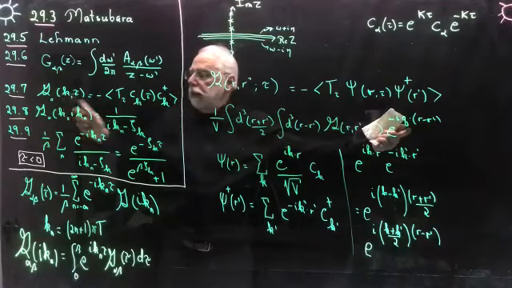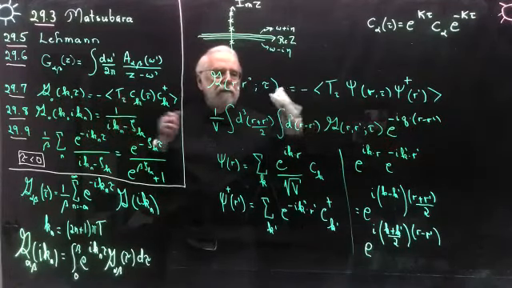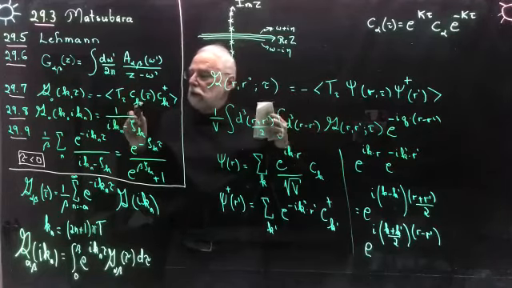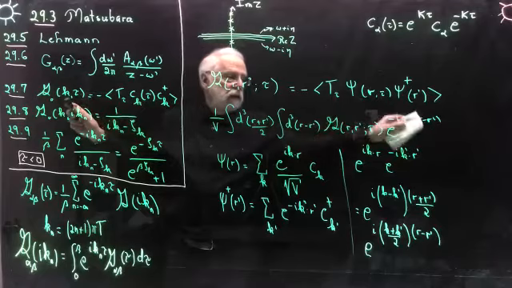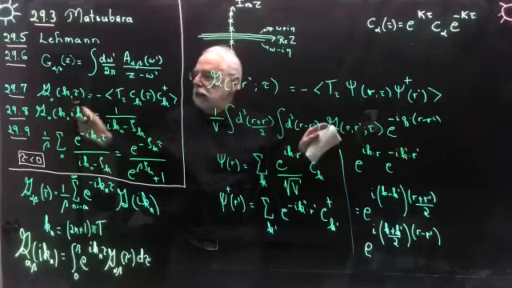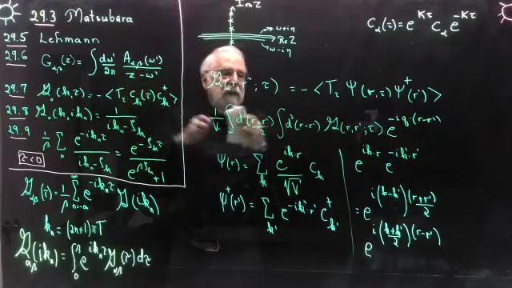Because I put q here, now this should be q. But that's it. Okay, so if I have translational invariance, I can always define the Fourier transform as a function of r minus r prime, and I get it in this form. That's all I wanted to say. Okay.